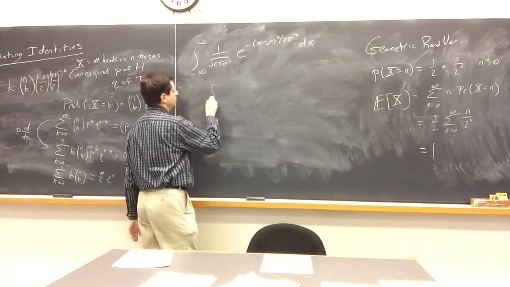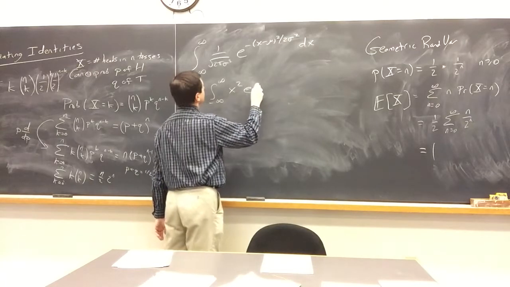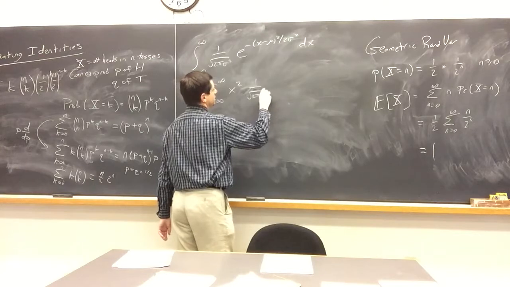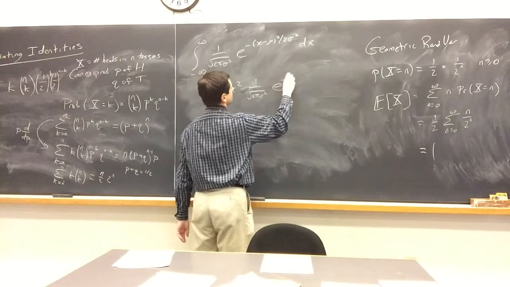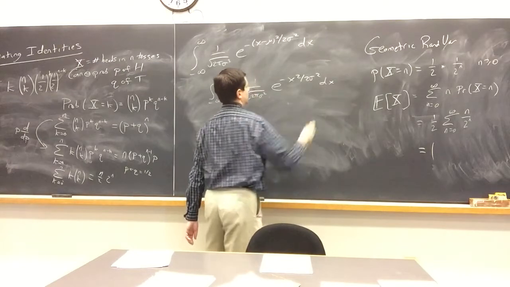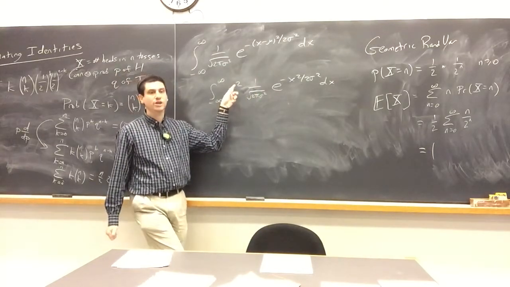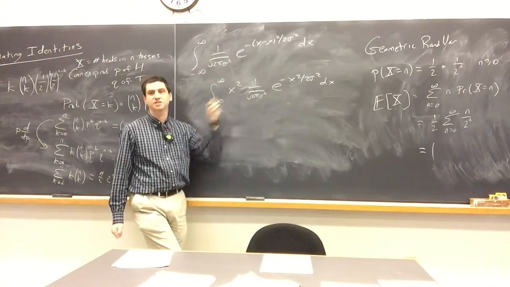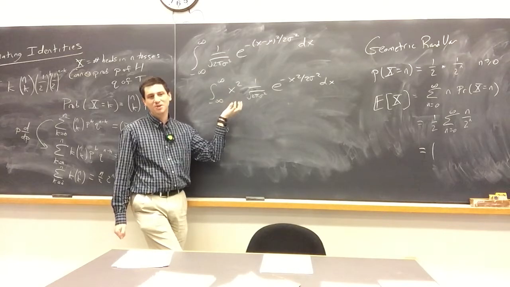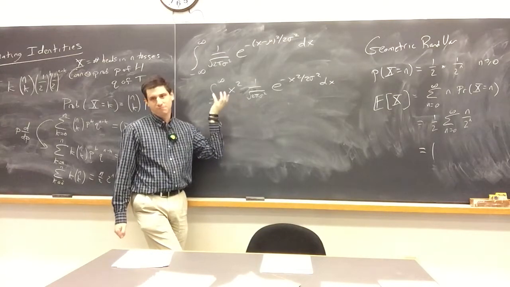So let's say we want to calculate the integral from minus infinity to infinity of x squared times 1 over square root of 2 pi sigma squared e to the negative x squared over 2 sigma squared dx. And instead of calculating x squared, we could calculate x to the 4th, x to the 6th, x to the 8th. I'm not really worried about calculating x to an odd power because then the function is odd and it will just be 0.